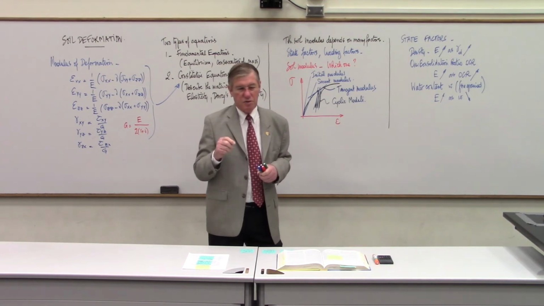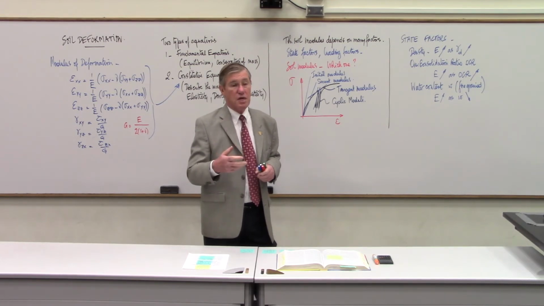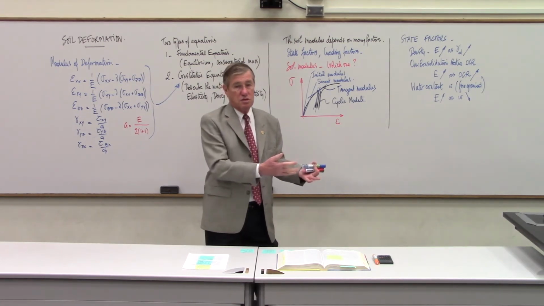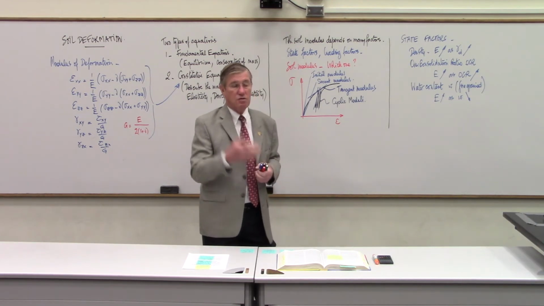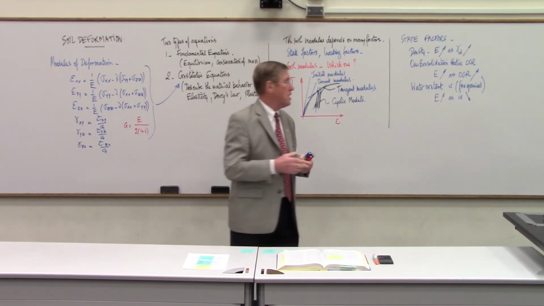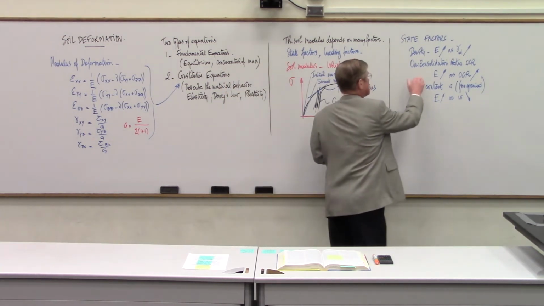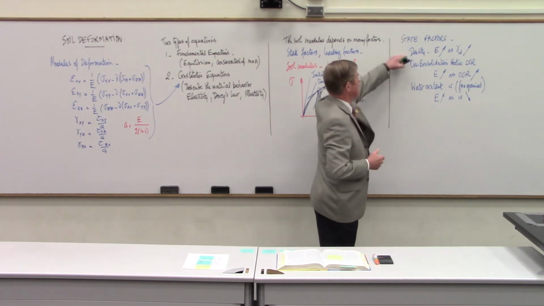You can't really rely on that increase in modulus, increase in stiffness, because if it starts raining, you lose the water tension because it's just too much water coming in, and then your modulus comes down again. So you have to be careful what is reliable. Certainly the over-consolidation ratio is quite reliable, the density is reliable.